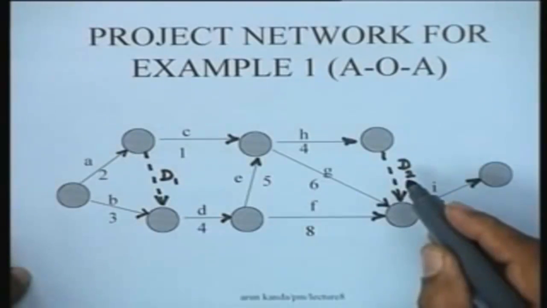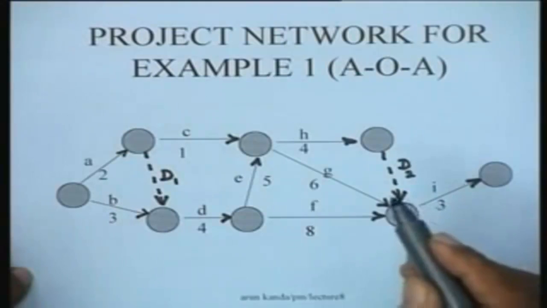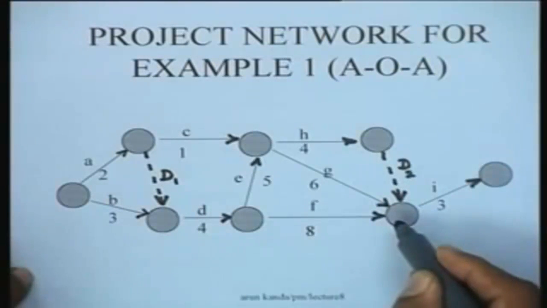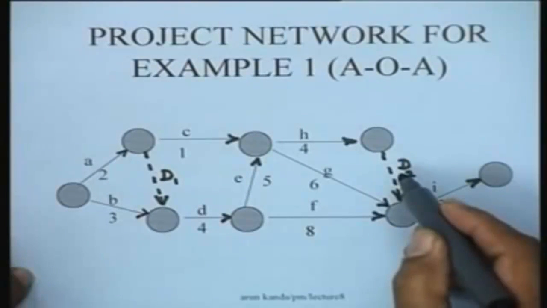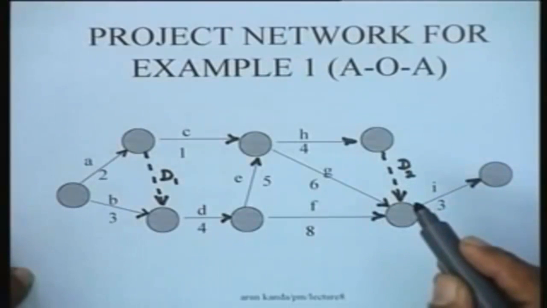It is not a logical dummy, but it is a dummy which is necessitated by the fact that activities G and H are in parallel, and therefore for uniqueness of activity representation I have had to introduce this particular dummy D2.